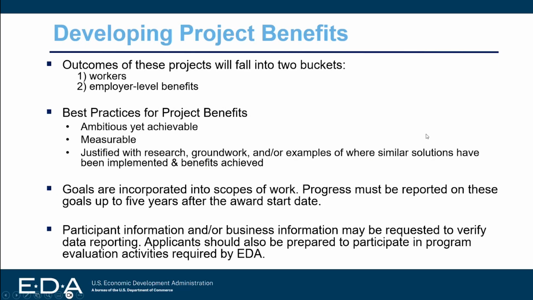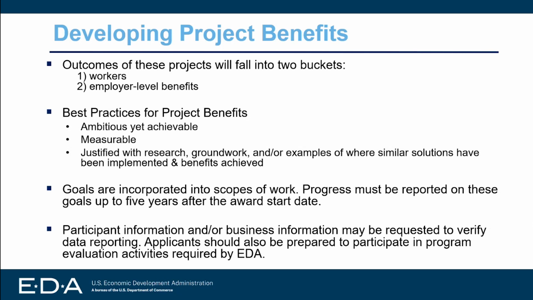At a high level, EDA does expect the project benefits of these efforts to fall into two buckets. One is going to be with workers, and the other is going to be with employers. So as you think through the impacts of these activities, we wanted to share some best practices, and that's that we're really looking for impacts to be ambitious, but also achievable.